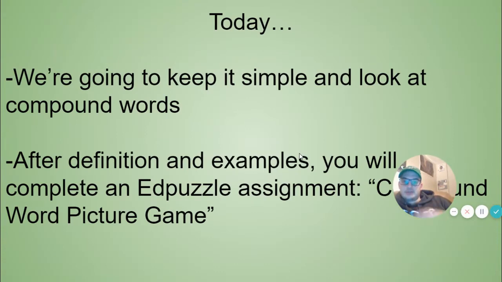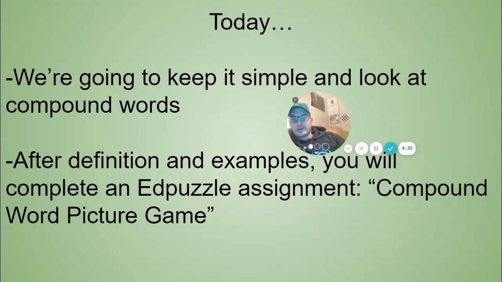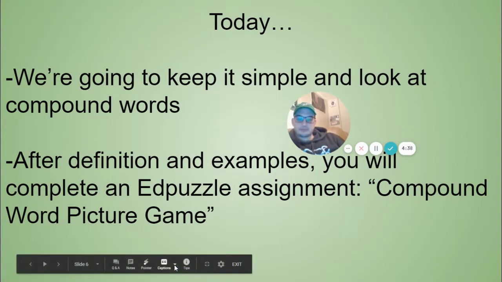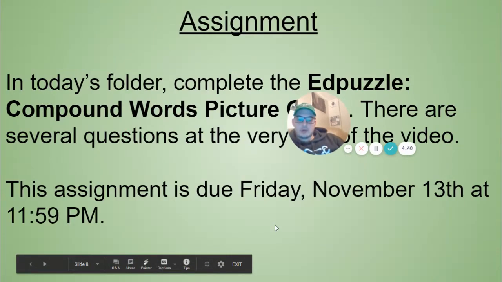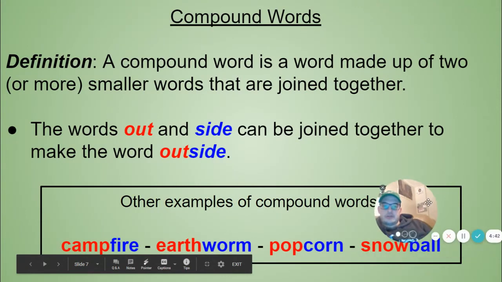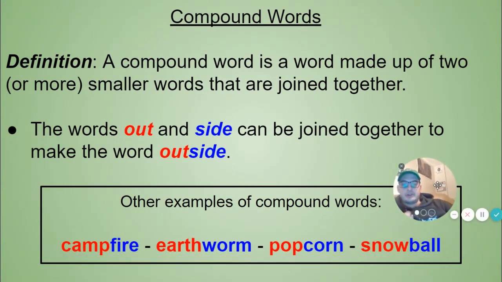All right, so today, like I said, we're going to keep it simple and look at compound words. After you look through the definition and examples, you'll complete an Edpuzzle assignment, the compound word picture game. If you don't know or you need to review compound words: a compound word is a word that's made up of 2 or more smaller words that are joined together.